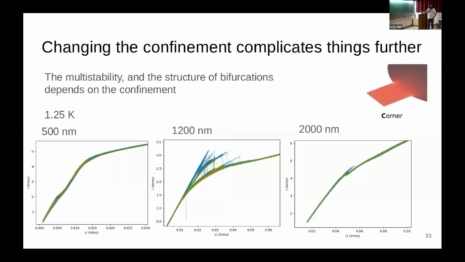Right, and the last thing that I'm going to mention is that so far I talked about the influence of geometry on only lateral geometry, let's say, and I only very briefly mentioned that there is a difference between confinement, and the confinement appears to have a very strong effect, which at the moment we don't really understand.